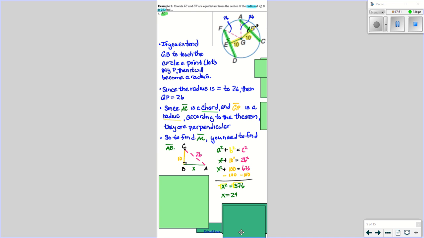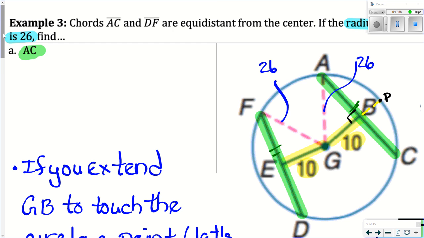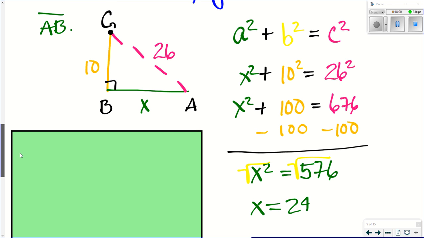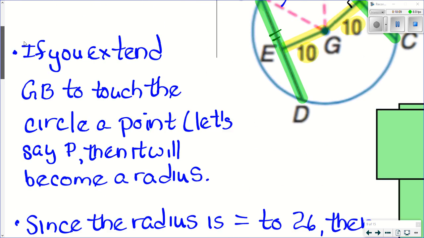So I do all of that work using the Pythagorean theorem because that relates to the triangle. Relating to that triangle, I found it to be 24 for AB. So let's go back to the picture.